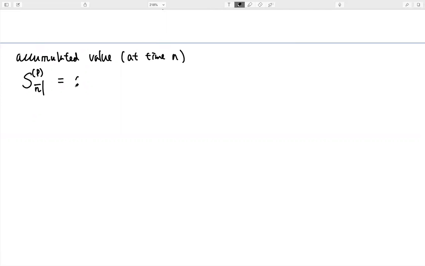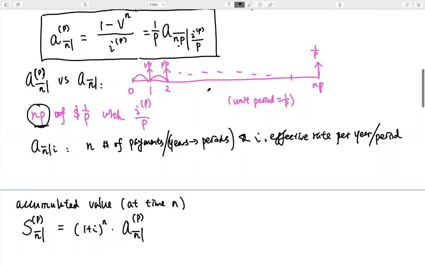So we know the distance between present value and accumulated value is n years. So all you need to do is to accumulate for n years. If you pick what we have in the box, we just need to times by 1 plus i to the nth. So we will get 1 plus i to the nth minus 1 divided by i.